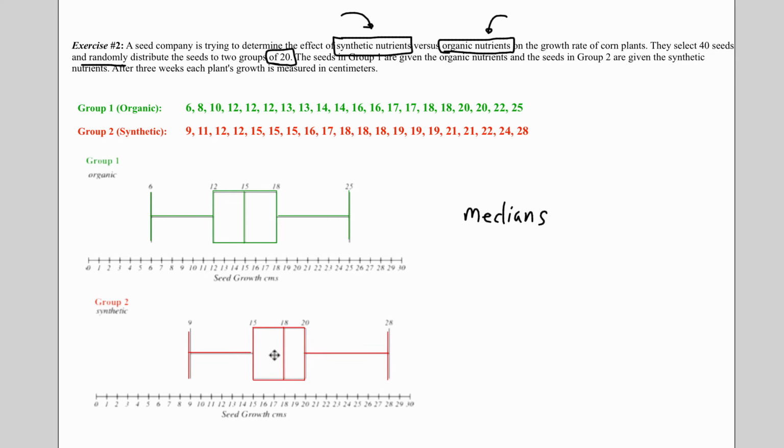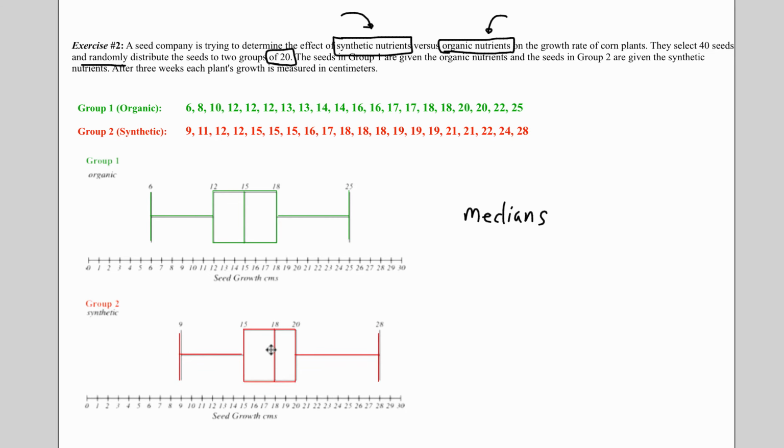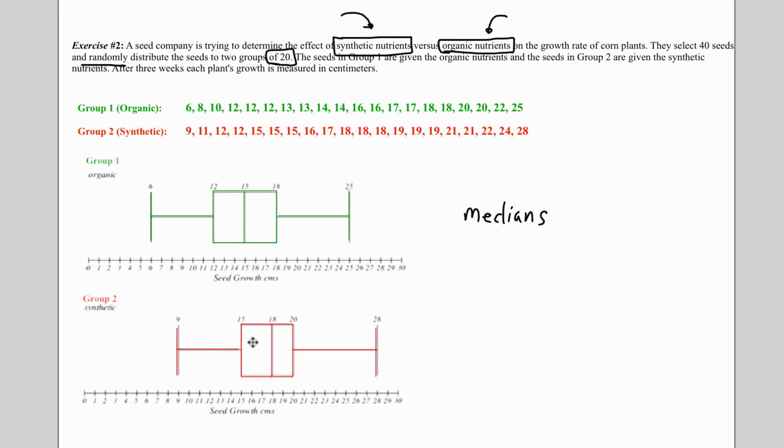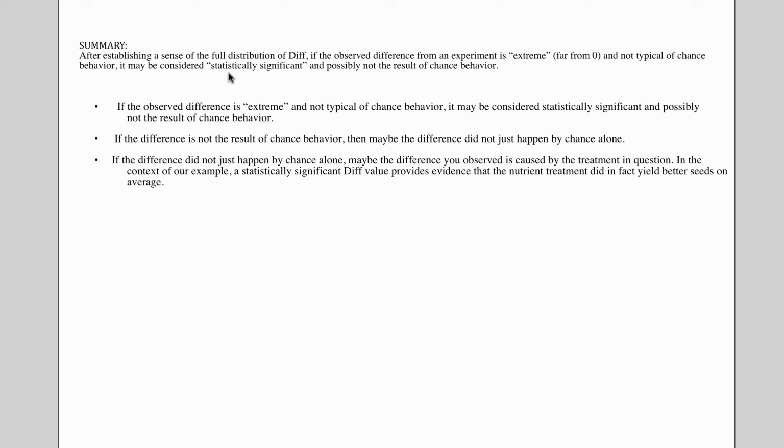Did we just get lucky with this red group? Did these seeds just happen to be a really good group of seeds? Or was it statistically significant, meaning that those nutrients really did make a difference? We don't know until we run multiple samples.